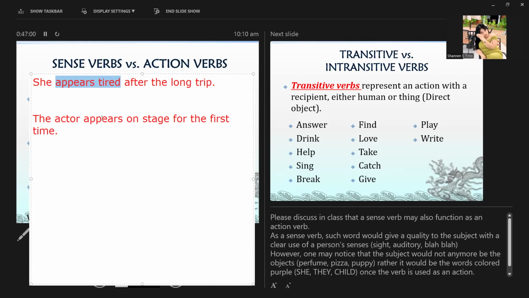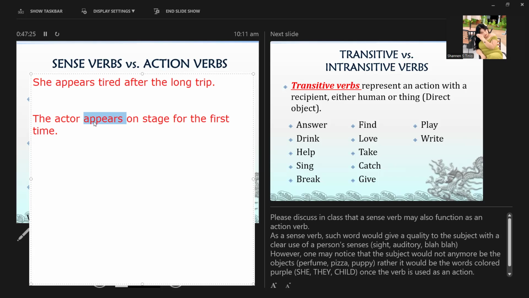Now, on the second example, it's an action word or verb because ginawa niya. Hindi siya mukhang si actor, walang sinabing mukha siyang pagod, mukha siyang masaya. Ang sabi lang sa sentence na to, the actor appears on stage. Ibig sabihin, lumabas siya sa stage. Nagpakita siya sa mga tao for the first time.